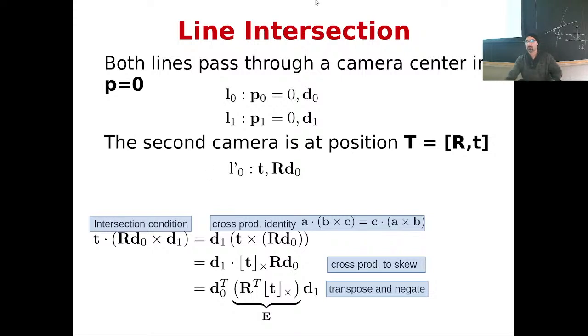Now, I have two lines in the same reference frame. If I have two lines in the same reference frame and I know that these lines pass through the same point in the world, this means that these two lines should be intersecting. Okay? So we could write the intersection condition between the line L1, which is 0, D1, and the line L prime 0, which is characterized by this equation.